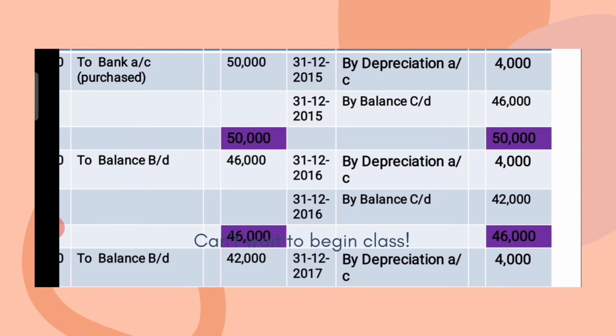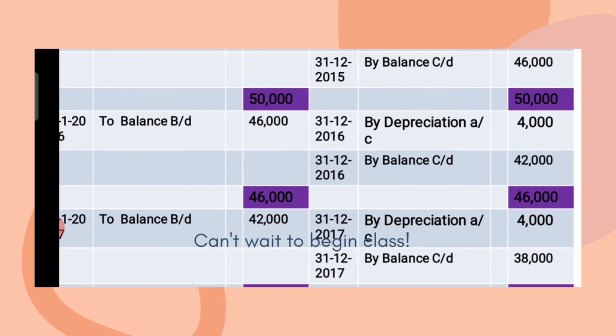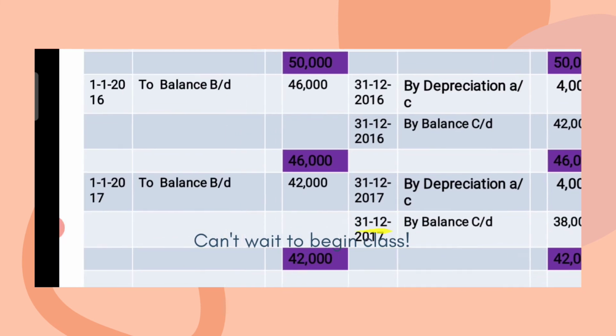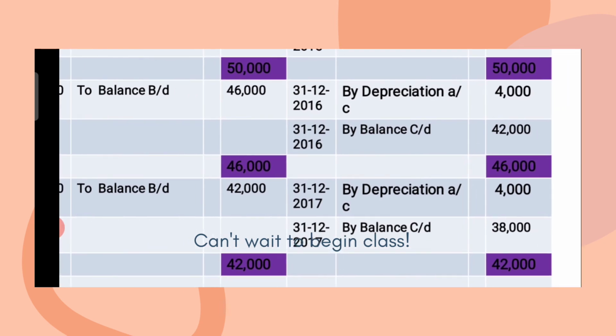The closing balance becomes the opening balance for the next year. So on 1st January 2017, to balance brought down rupees 42,000, which we write on the debit side of the asset account as the opening balance. At the end of the year, 31st December 2017, on the credit side in the particulars column, by depreciation account rupees 4,000.